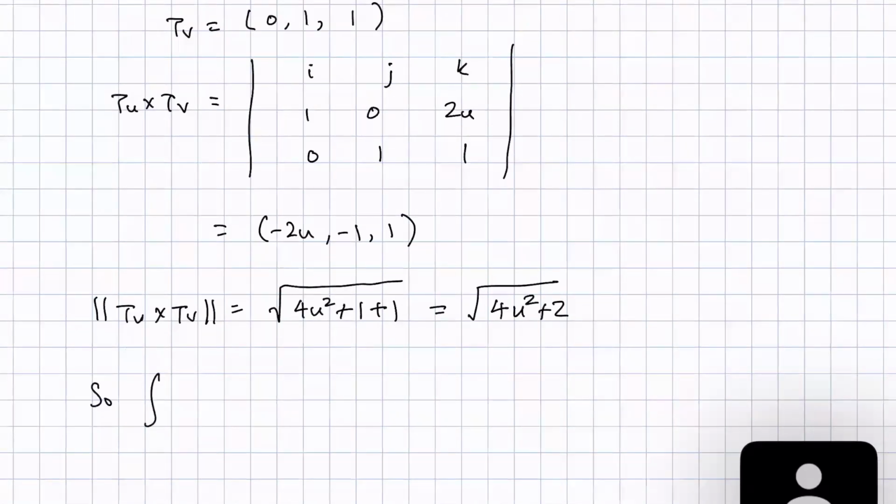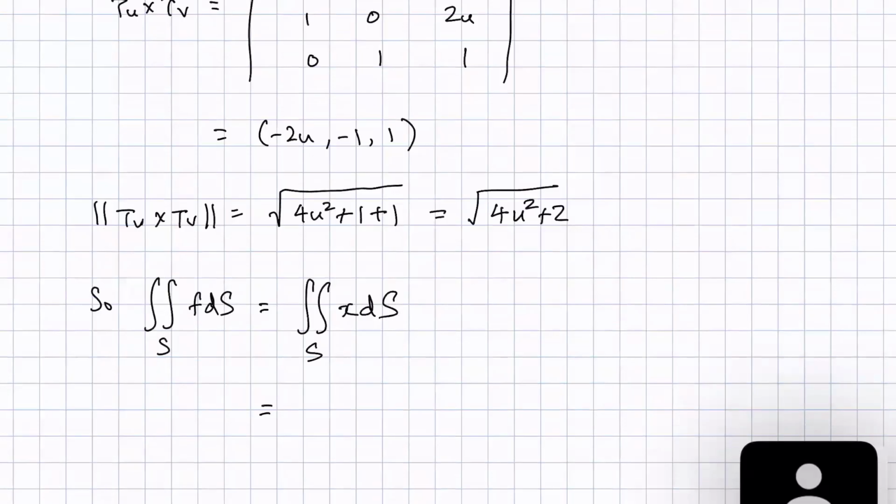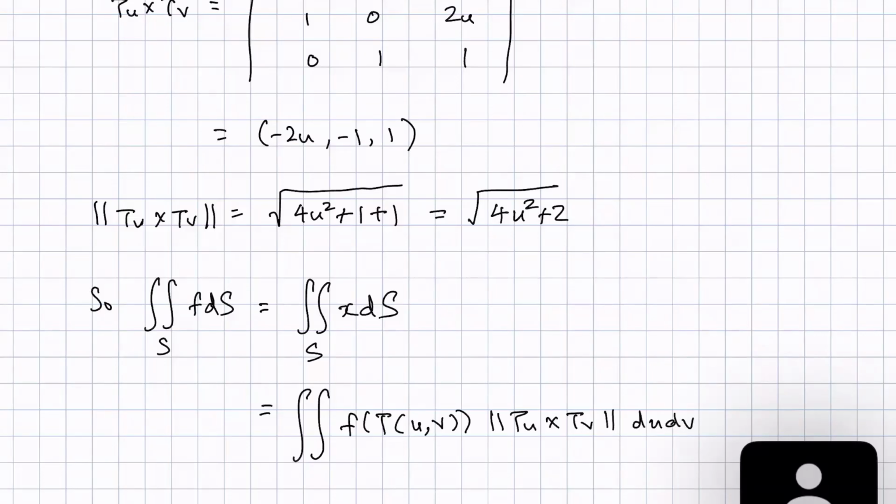So now we're going to take the double integral of f dS over S. Now, this is given by x dS, stated in the original problem. And let's see how we would figure this out. So f of the parametrization, T of u, v, times T_u cross T_v in norm, and then du dv. The u is the x, which goes from 0 to 1, and the v is the y, which goes from -1 to 1.